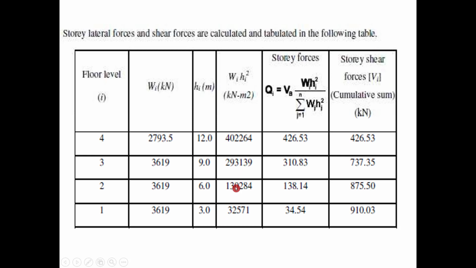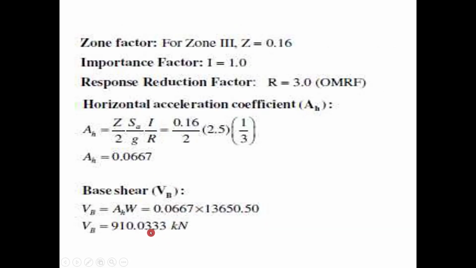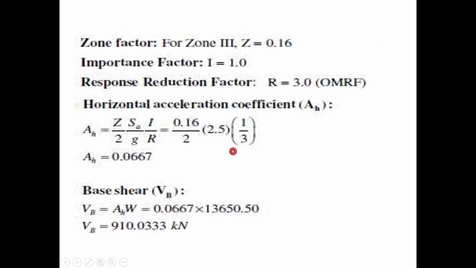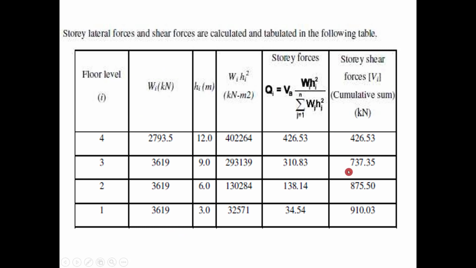Wi into hi square will give you these values, and Wi hi square divided by the sigma of all these values will give the distribution of the force. Once you add all these values you will get again this 910.033.